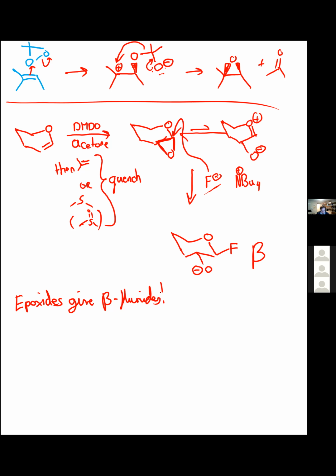Well, if you want a normal sugar, going through this mechanism, you're never going to be able to get an alpha fluoride on this because the DMDO always epoxidizes from the bottom face. There's one exception. And mCPBA doesn't really matter.